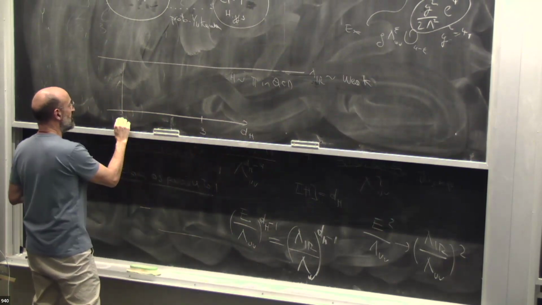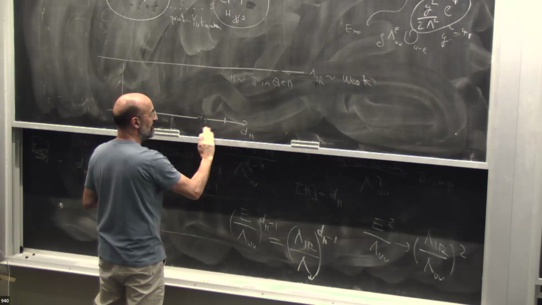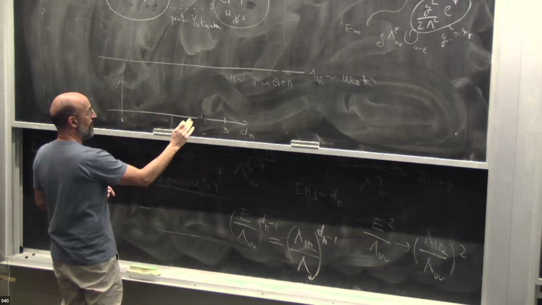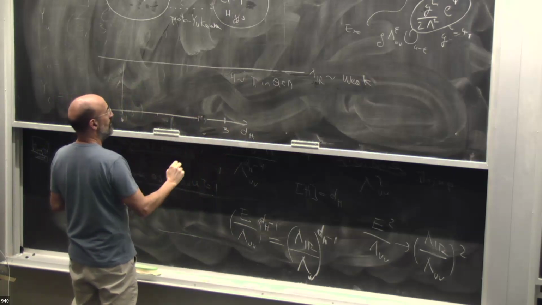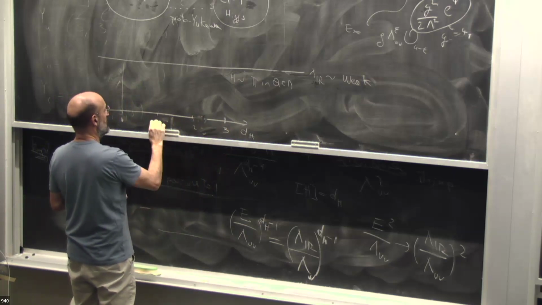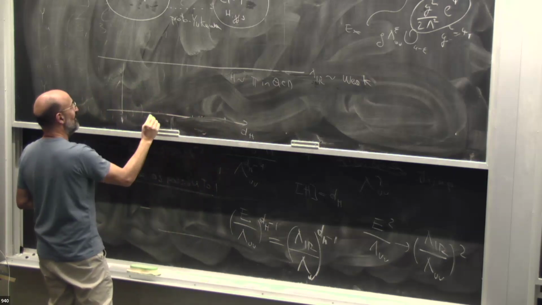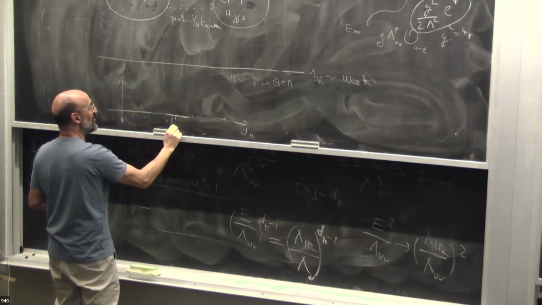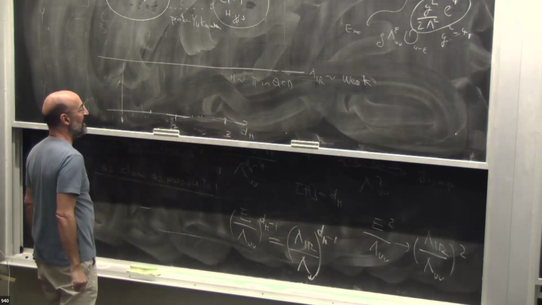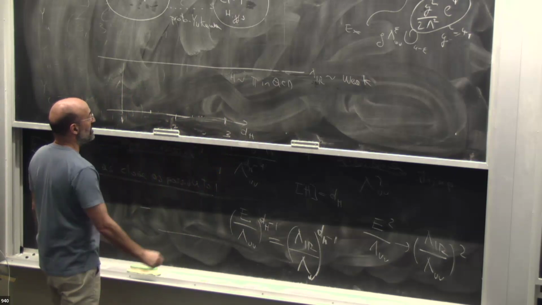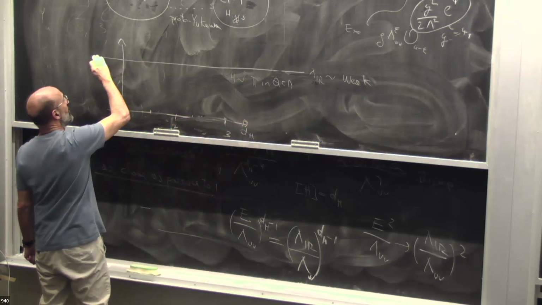Let me put the axis here: this is 1, this is 2, and this is 3, and this is 1.5. And so this is dH.